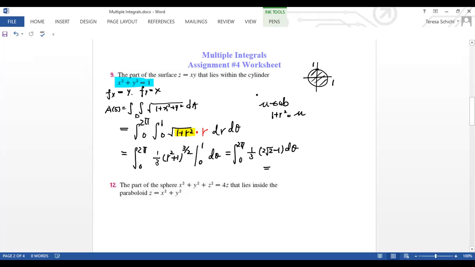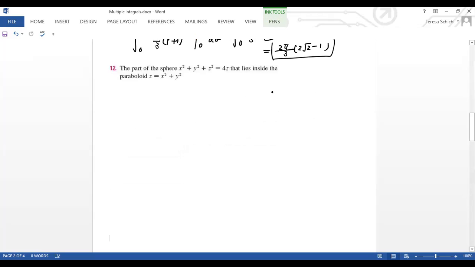So the integral of d theta is 2 pi, right? So the answer is 2 pi over 3 times (2 square root of 2 minus 1). Yeah. Okay, so that's pretty easy. The purpose of this problem is just to say, hey, after you set up, using polar will simplify the calculation.